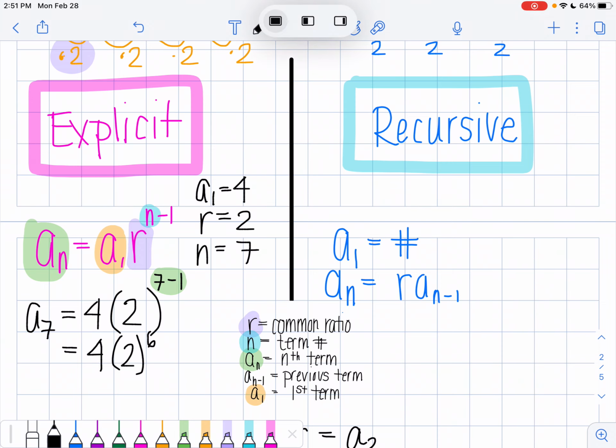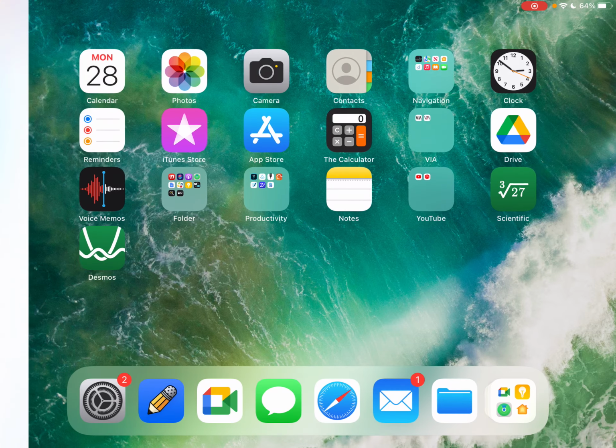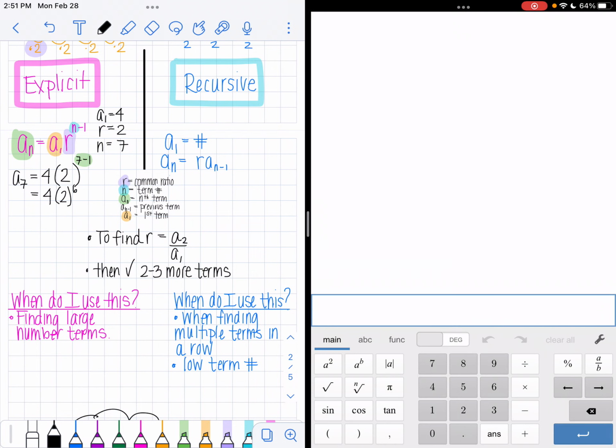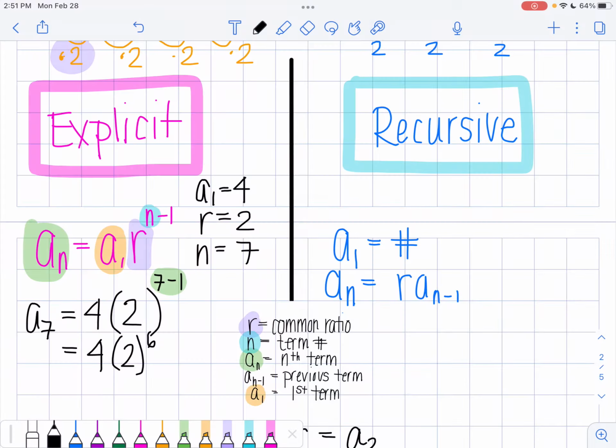You can open up your Desmos and type in 4 times 2 to the 6th, and we get 256. Or you could do 2 to the 6th first, following order of operations, then multiply by 4. So this becomes 256. That would be my 7th term.